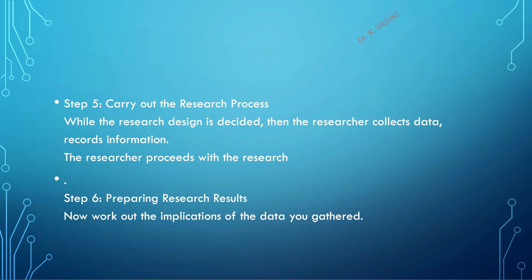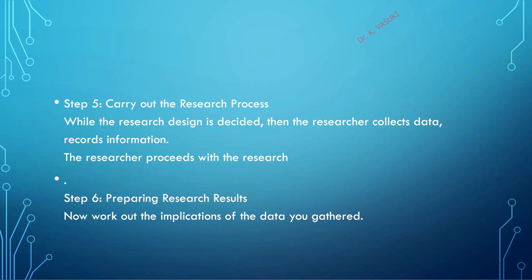The fifth step is carrying out the research process. In the research design, we decide what things we are going to do. Once the research design is decided, the researcher collects data and records information. This is the data collection process.